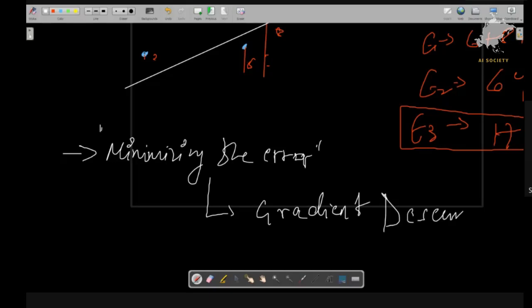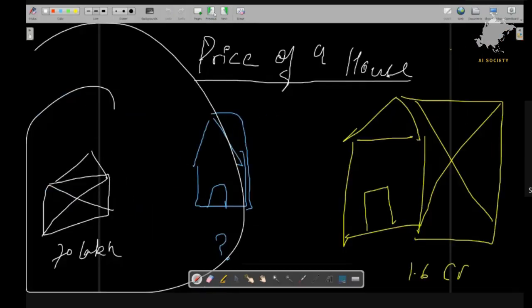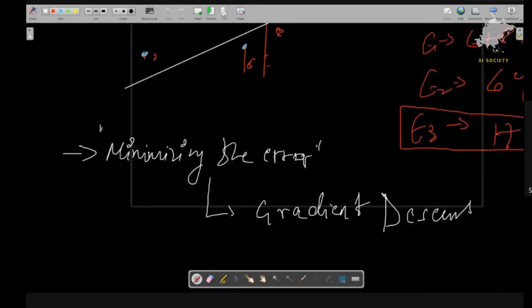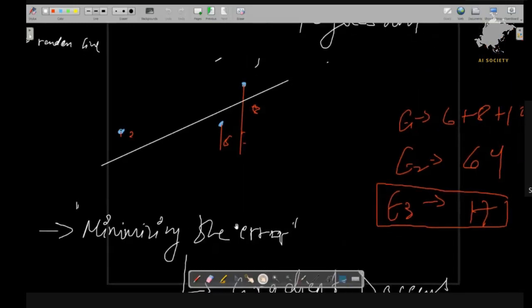Now let's get back to gradient descent again. What I said is that from a problem, you have to reach a solution by taking tiny steps. So this is your problem: when you have a data set and you draw a random line, you have to find the perfect line. Taking tiny steps to reach the solution is gradient descent.